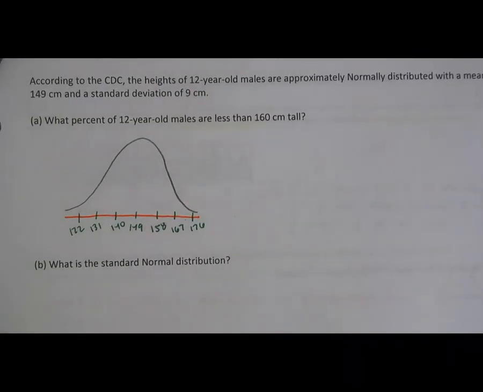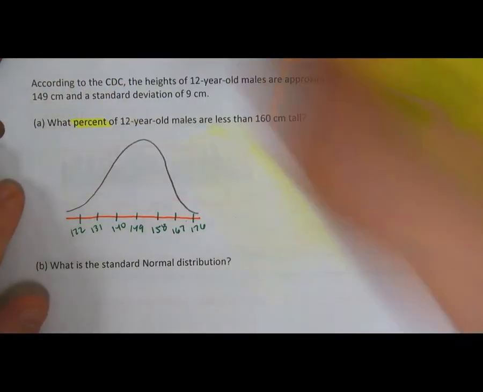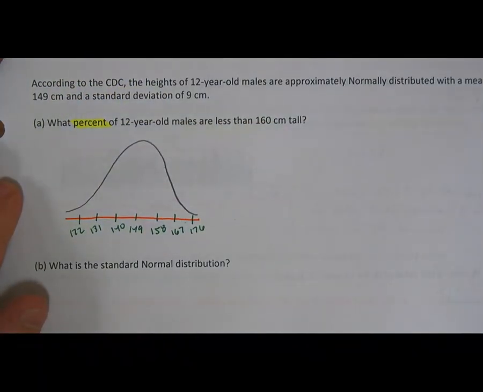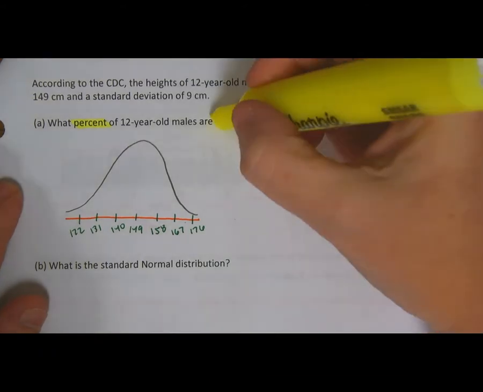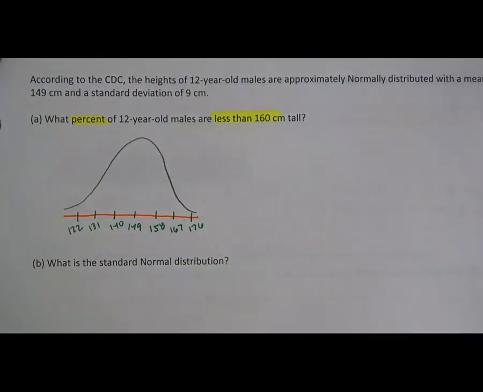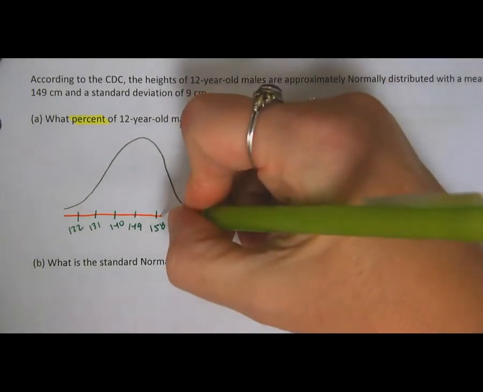I don't know why I always go out to the left before I go to the left. I've always done that. That's just how my brain works. It says what percent, so be sure you answer as a percent, of 12-year-old males are less than 160 centimeters tall. 160 is right here.